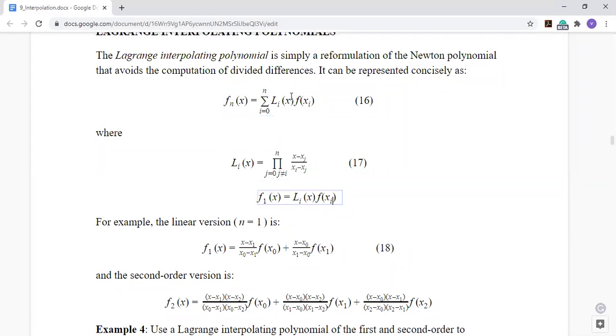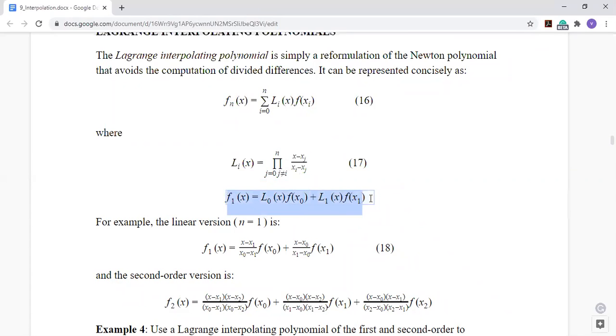So equation 16, when n is equal to 1, becomes this: L0 of x times f of x0, plus L1 of x times f of x1. In this case, when n is equal to 1, that's a first order polynomial. So this is going to be the Lagrange form.